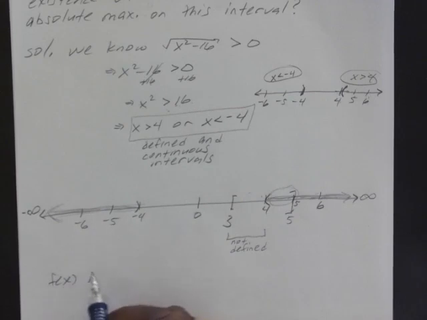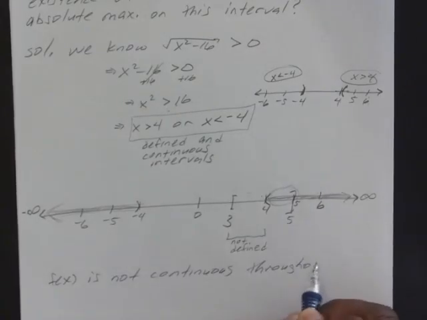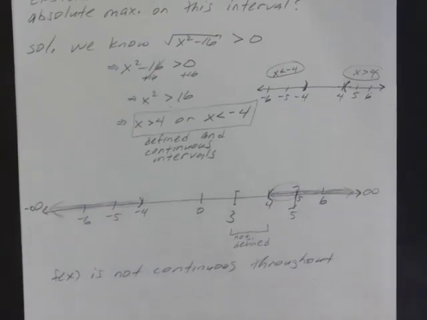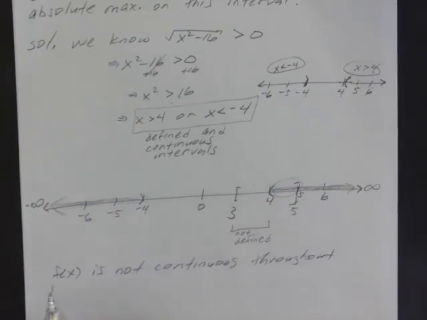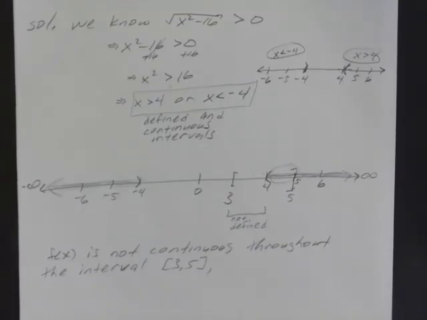So f of x is not continuous throughout the entire interval from 3 to 5. So there's no guarantee that the absolute maximum and minimum exists.